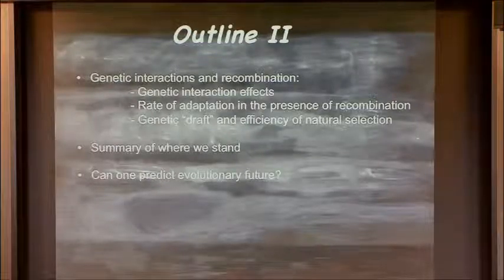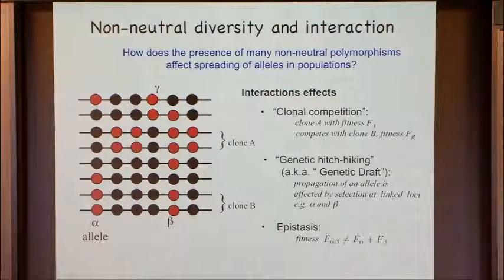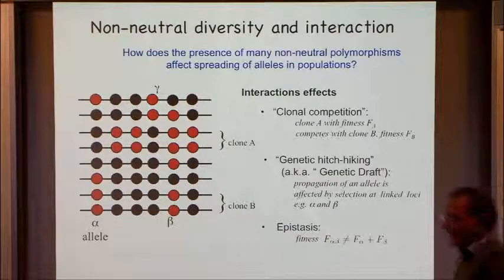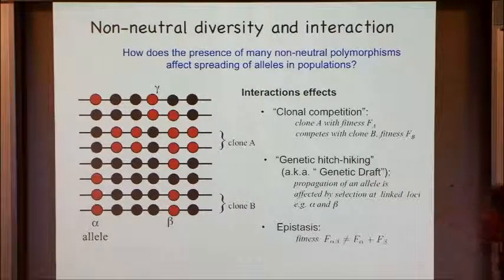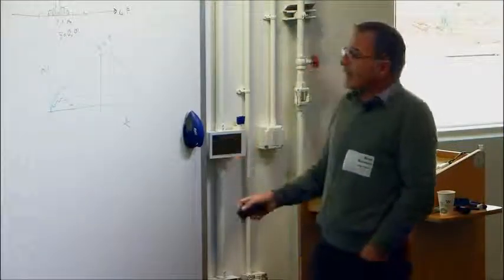And now we're going to start talking about the role of recombination, and the importance of interactions. So we just talked about one particular kind of interaction. That was an interaction between different clones in an asexual population as they compete against each other.